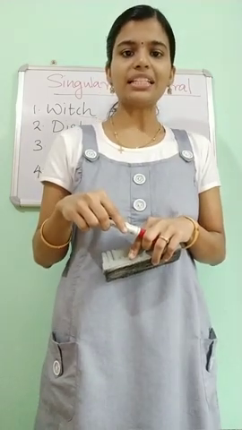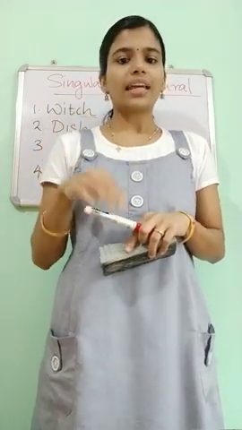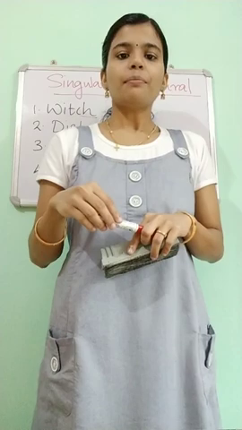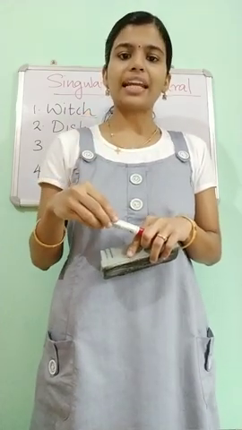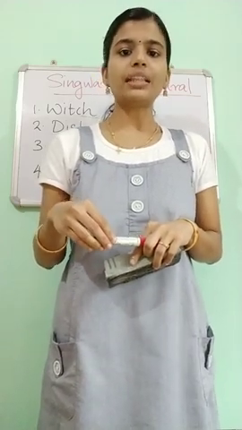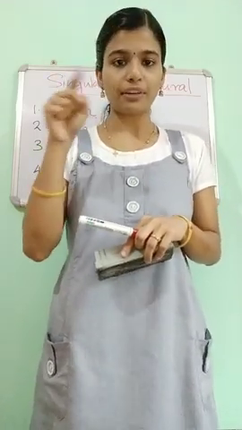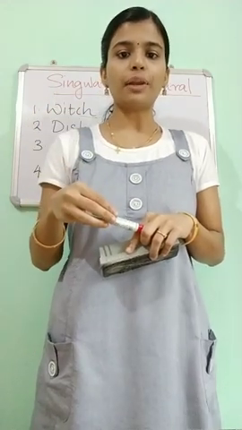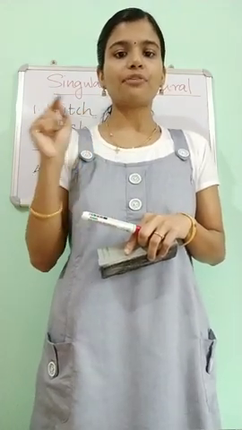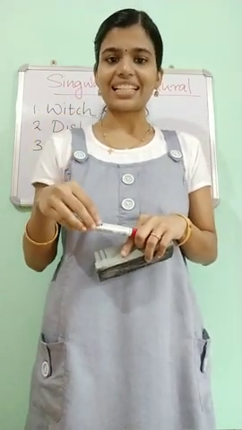Then, in the case of words ending with Y, we can make it plural by dropping the Y and adding IES at the end. Then, in the case of words ending with F or FE, we can change it into plural by replacing the F and FE with the letters VES at the end.